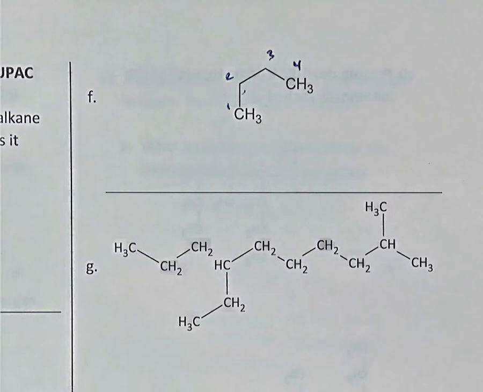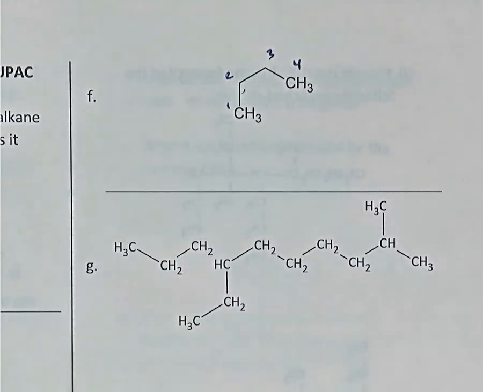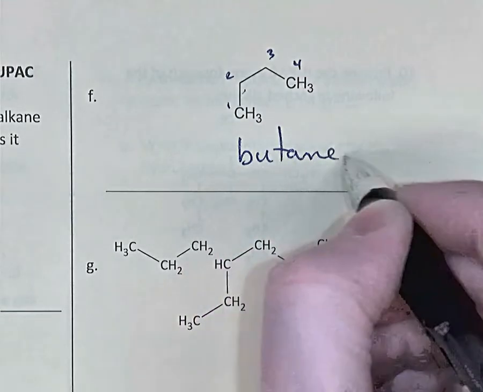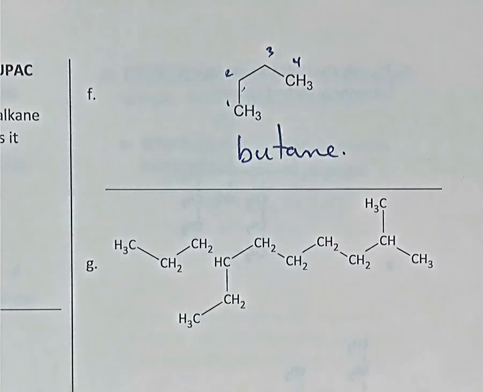So this really isn't a branched alkane, it's a normal alkane, an unbranched alkane. With 4 carbons, its name is simply butane. Some people would call it normal butane or N-butane, but we can just call it butane.